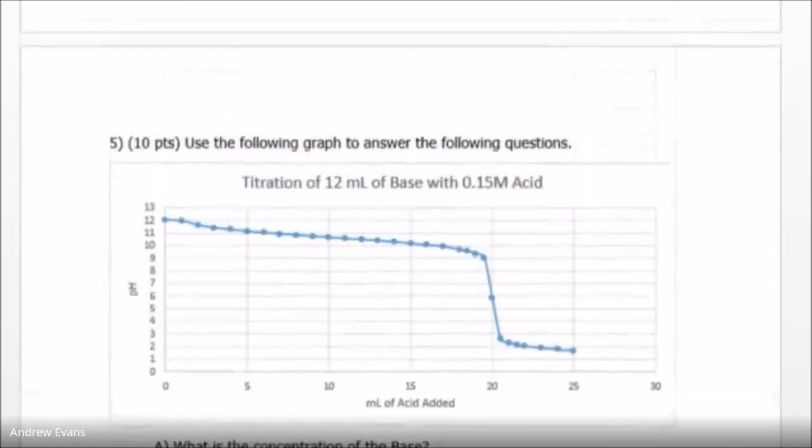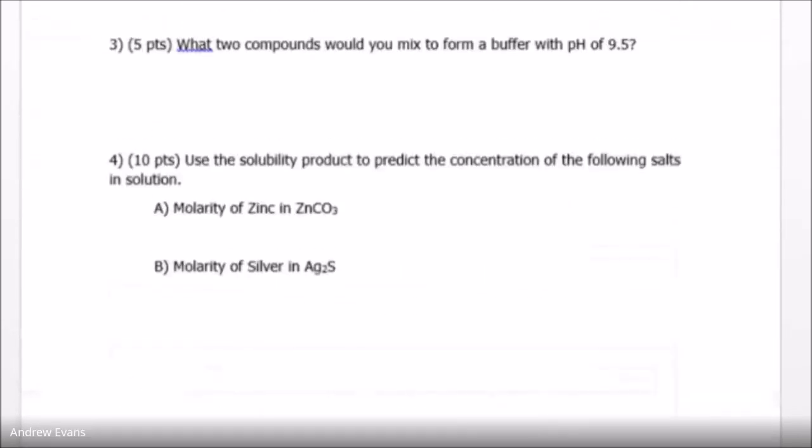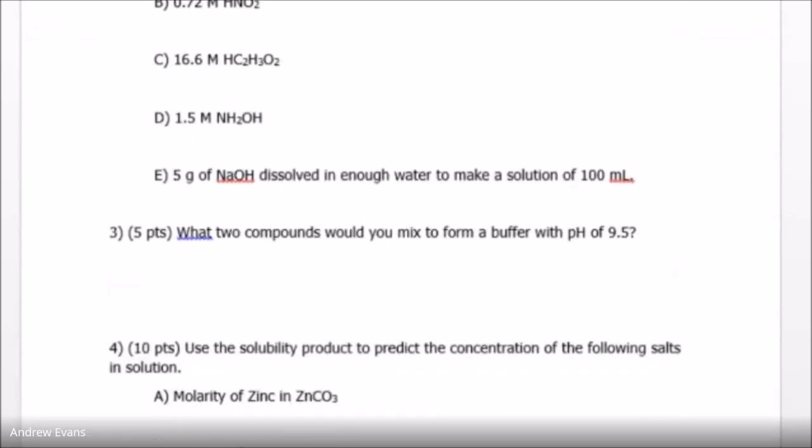But in the meantime, how would you answer this buffer question? Now, on the test, you'll be given possibilities. On this one, since it was a take-home, the possibilities are endless. What you have to do is remember a buffer is only good within plus or minus 1 unit from the pKa.